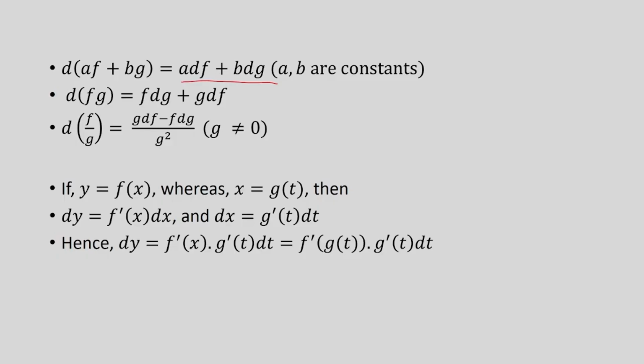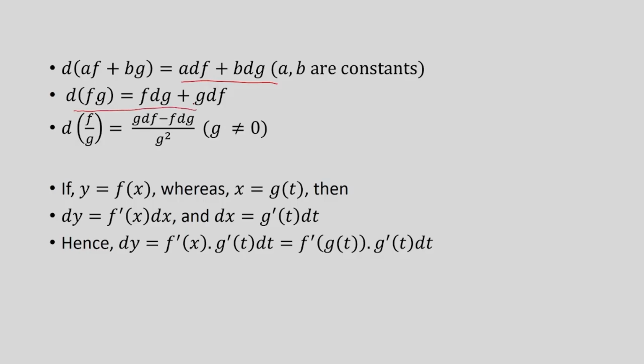The a and b are constants, so they are coming out, and f and g are not constant, so df and dg. And in the next stage, if f and g are functions of x, then you can write them as f dash of x multiplied by dx and g dash of x dx.